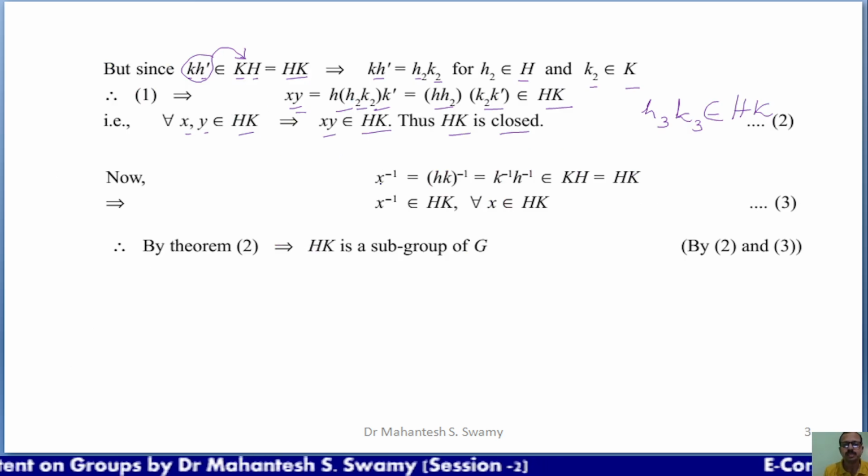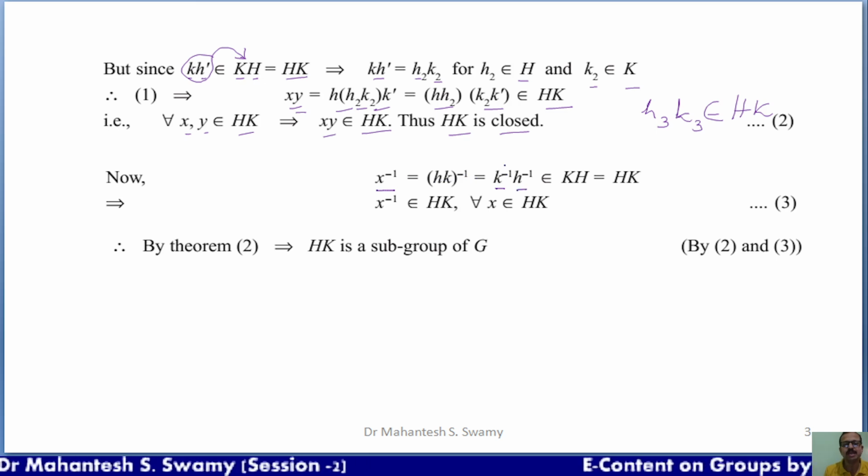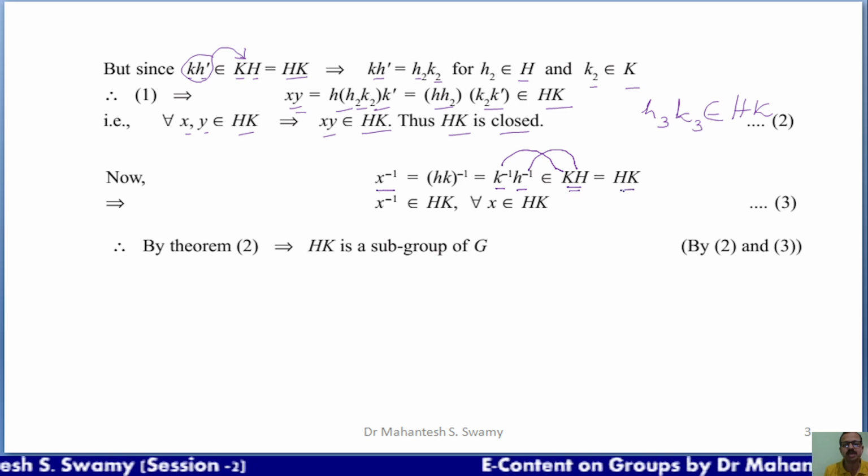Now consider the inverse of X. So the value of X is H into K. According to the reversal law of inverses, (AB) whole inverse is B inverse A inverse. Therefore it should be K inverse H inverse. So K inverse is an element of K, H inverse is an element of H. Therefore K inverse H inverse must be an element of K into H. But our assumption is that KH is equal to HK.